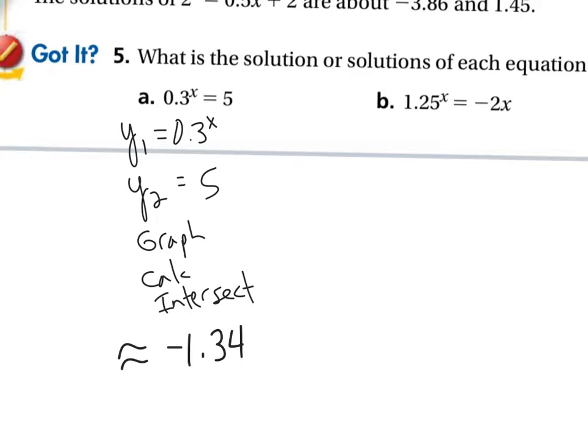In other words, x is about negative 1.34 where they intersect. Okay, and just make sure you try a couple of these. Part B, if you work that, would be negative 45 hundredths.